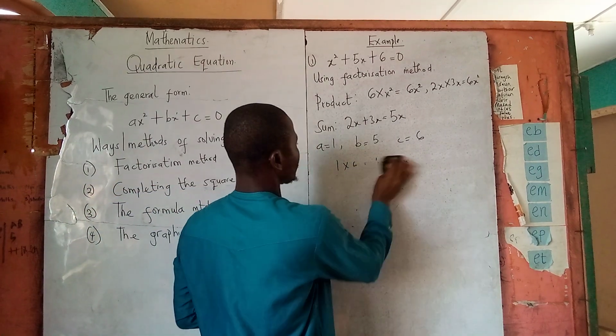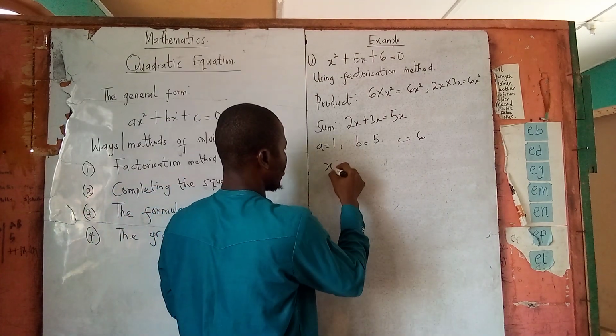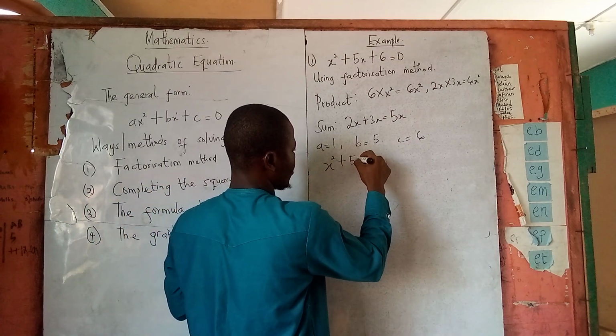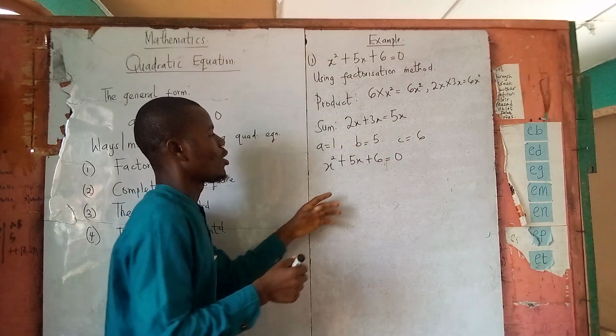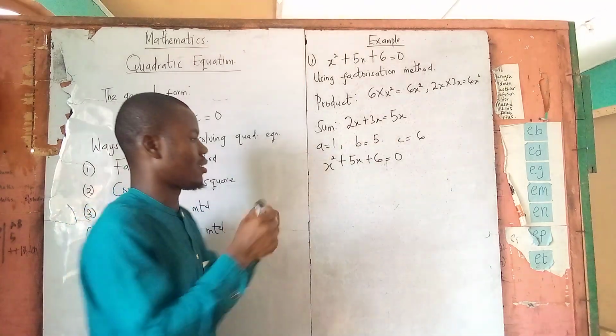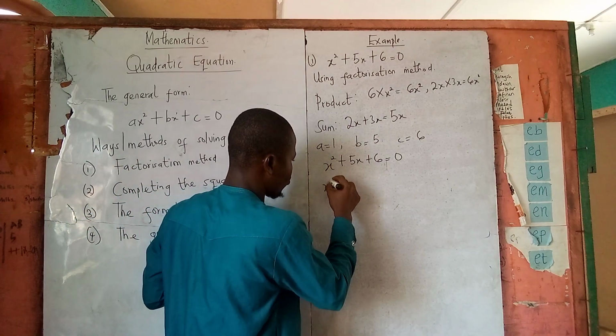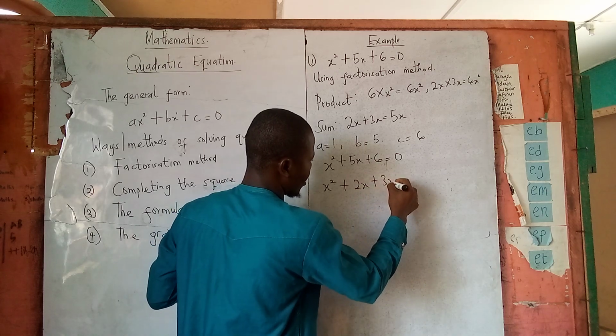So we now substitute this value inside the equation. The equation we have is x squared plus 5x plus 6 is equal to 0. We want to replace 5x with 2x plus 3x. So we have x squared plus 2x plus 3x plus 6 is equal to 0.